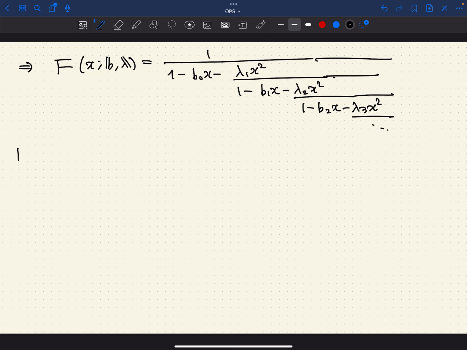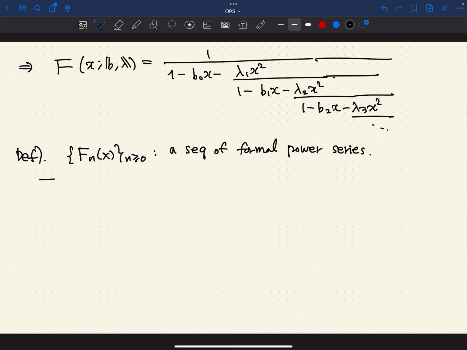So let me define convergence of formal power series. Suppose that we have this sequence of formal power series in x, and we write a limit.